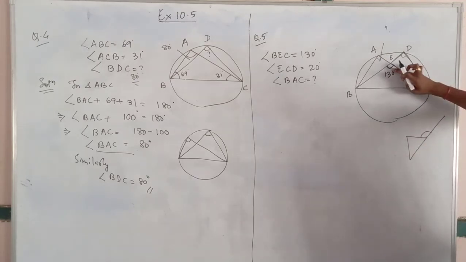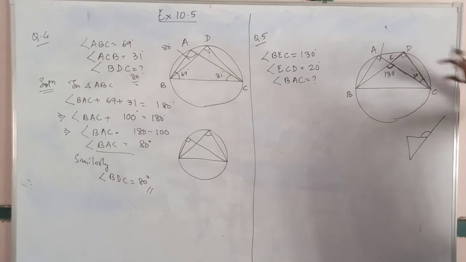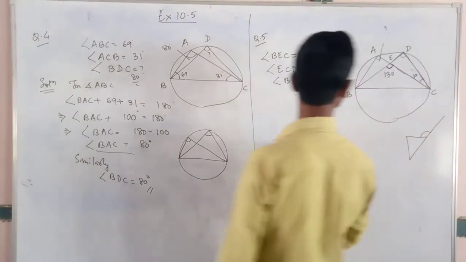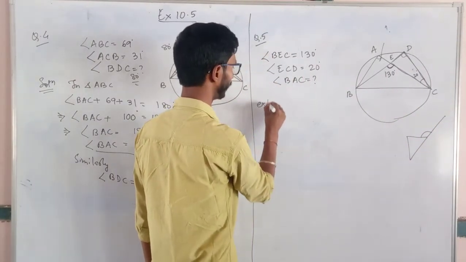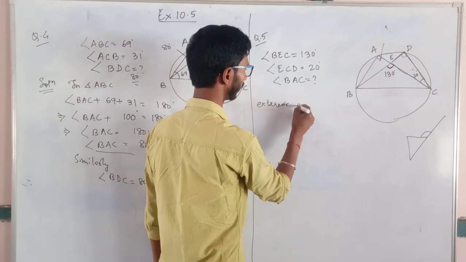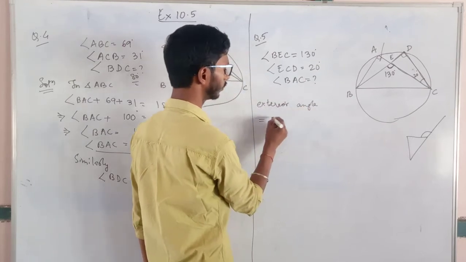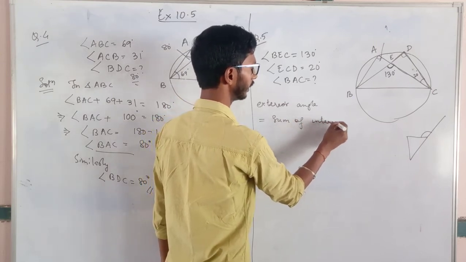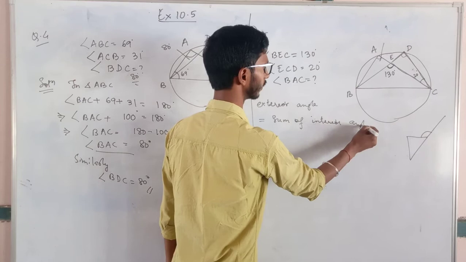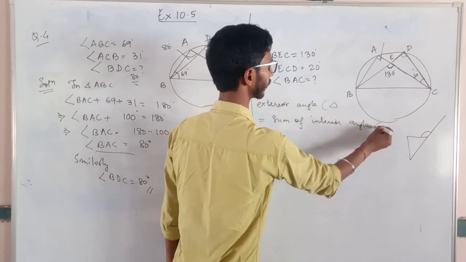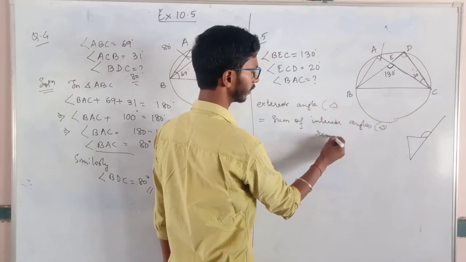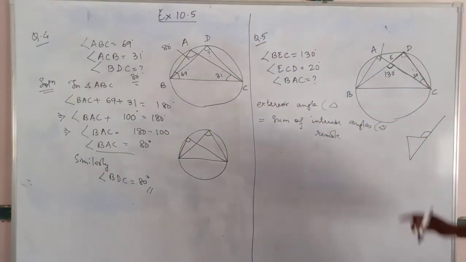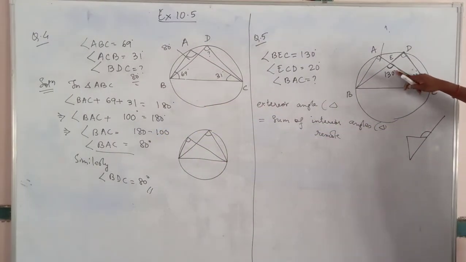So we can write: exterior angle is equal to the sum of the remote interior angles in a triangle. So this exterior angle is equal to the sum of these two.